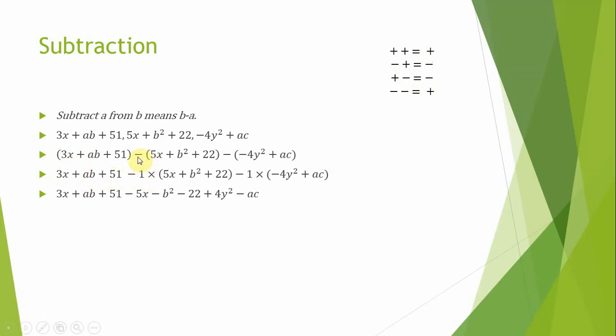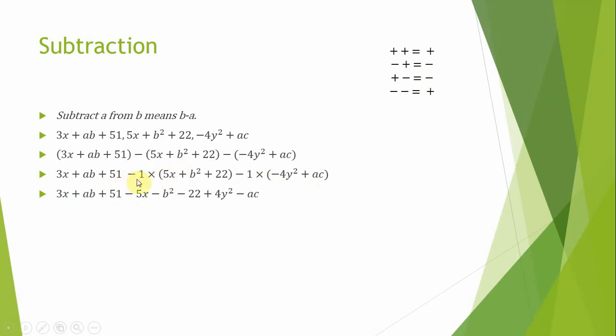Now this can be written as minus 1 multiplied by this and minus 1 multiplied by this. So this gives us minus 1 into 5x plus b square plus 22 minus 1 into minus 4y square plus ac. The first expression remains unchanged, and here we use this property of multiplication.